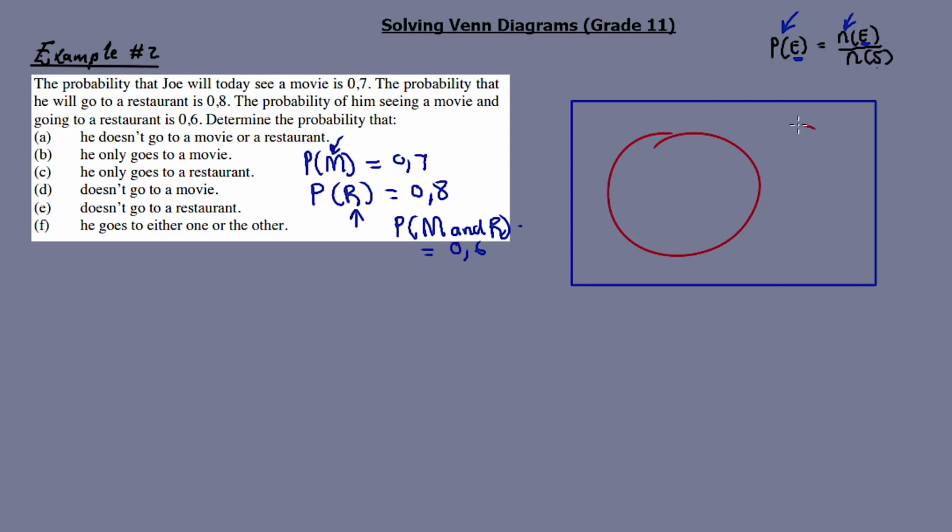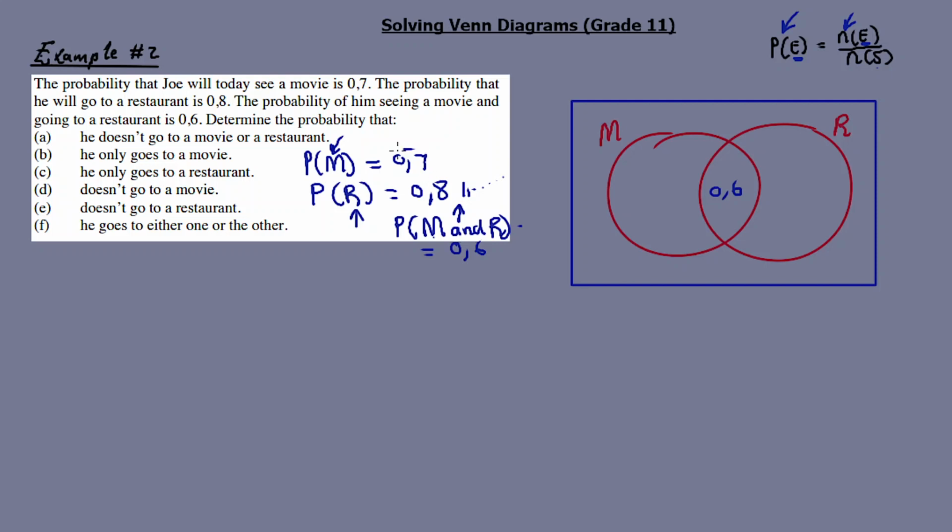Going to a movie, there's an intersection between the two events, movie and restaurant. Going back to blue. When you draw an event diagram, you always start at the intersection. Remember, and stands for intersection. So movie and restaurant is 0.6.